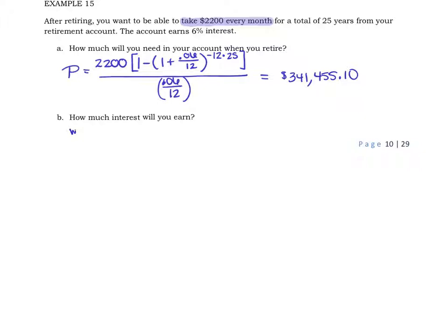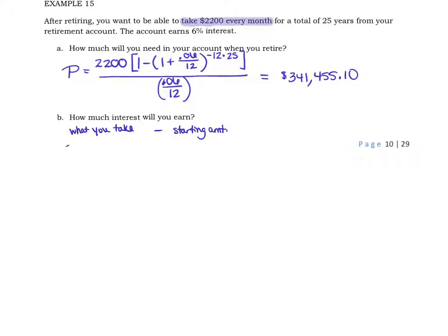So this is what you take from the account: how much you take minus your starting amount, because you are going to be taking out a whole lot more than that $341,000. Again, you're going to be continuing to earn interest on top of that amount.